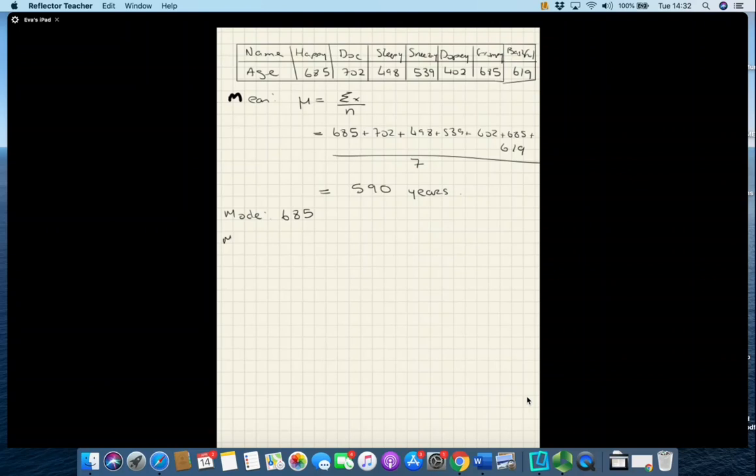So the median then, okay, so write the values in order, and I tend to do ascending order. So dopey is first, so 402 is the smallest value there. Then we have sleepy, 498. We have sneezy next at 539. It's the only other 500.